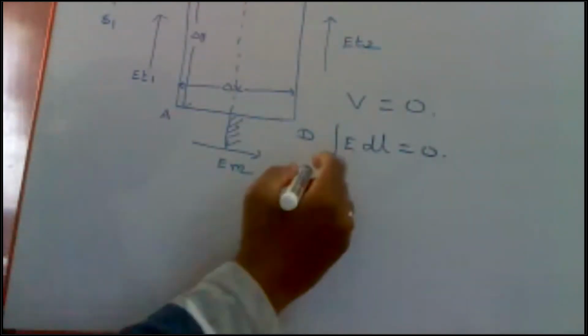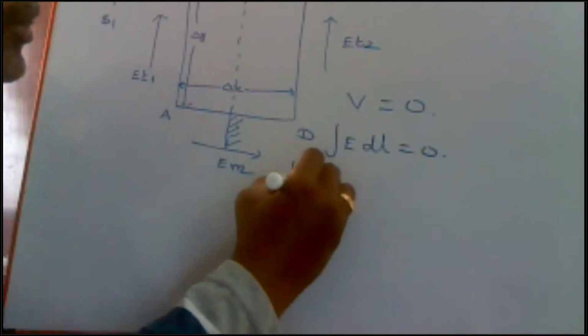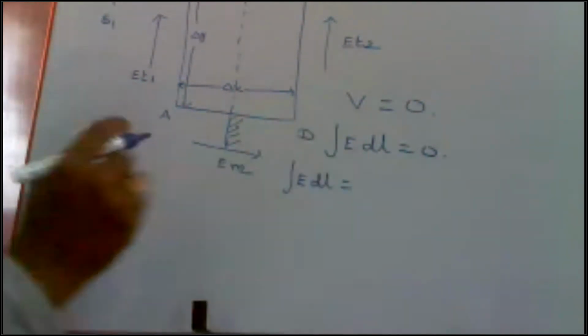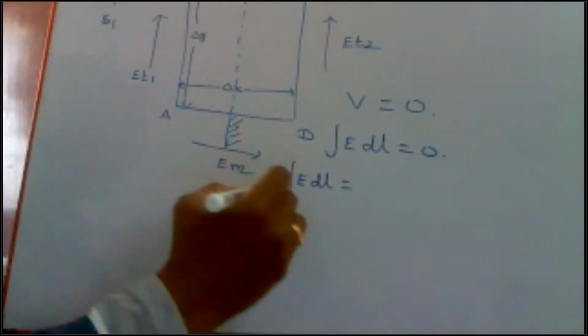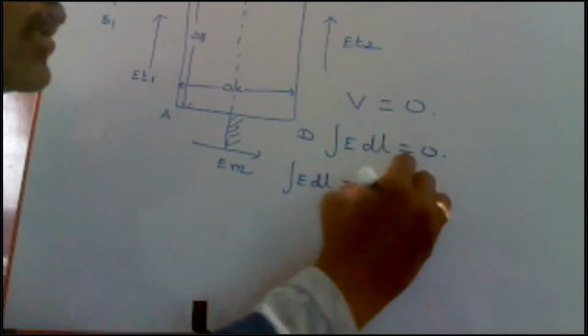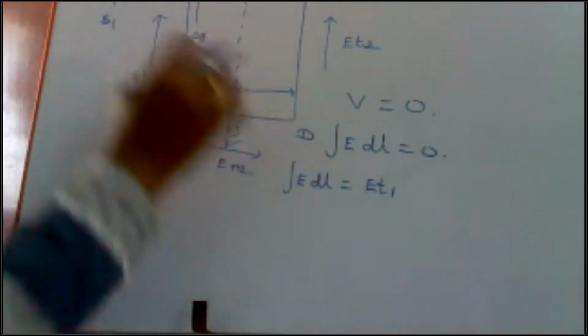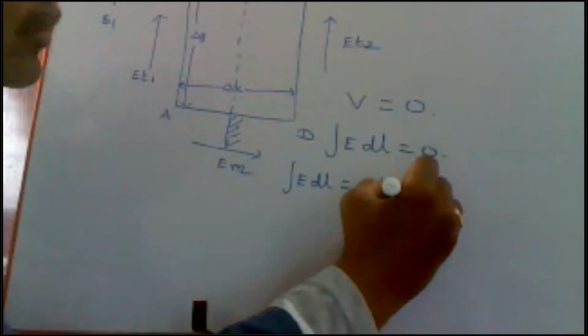If I apply this particular condition to this rectangle ABCD, what will happen? I am going to write the expression of integration E dl. In the side AB, this can be written as ET1, the actual E value, and dl here is the length, that is del y.